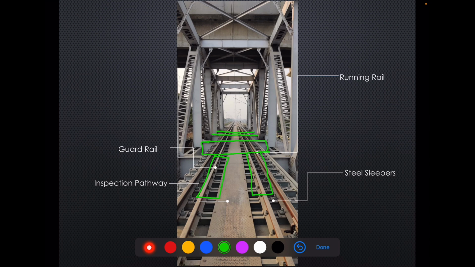Here there are stringers, then again a cross girder is here. Over the stringers, these steel sleepers are kept. This is one steel sleeper.